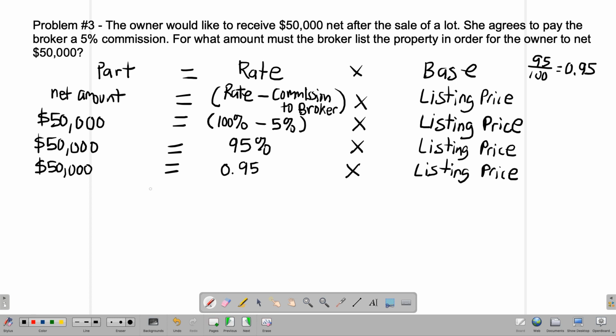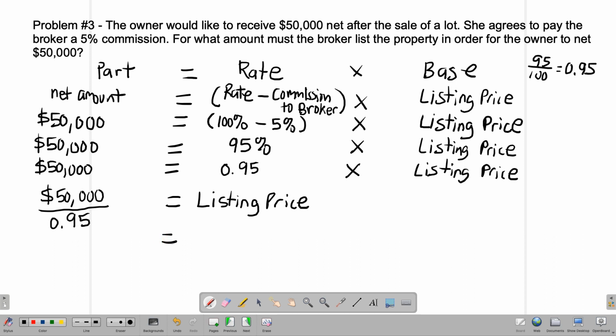Okay, so in this equation, our goal is to keep the listing price on the right side of the equation. That's what we're trying to solve for. Let's transform it. We're going to say 50,000 divided by 0.95. And let's see what we have.